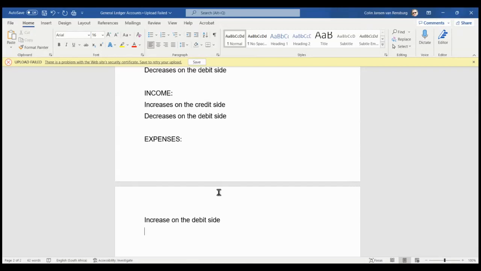You'll see there's a topic called year-end adjustments. When we do our year-end adjustments, we'll see that in certain circumstances we need to decrease some of our expenses just because of the accrual concept that we've spoken about on Monday as well. Right, so what will happen if you have to decrease an expense? Expense will decrease on the credit side.